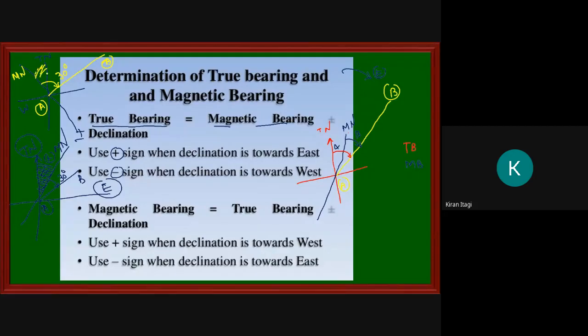This much excess. But we want the angle with respect to true north. So now tell me whether you add or subtract. Subtract, sir. Yes, you will subtract because this much extra you have taken. There is nothing rocket science here, very simple concept. True north is perpendicular. If it is going this side, add here; if it is going this side, subtract here. That's it.